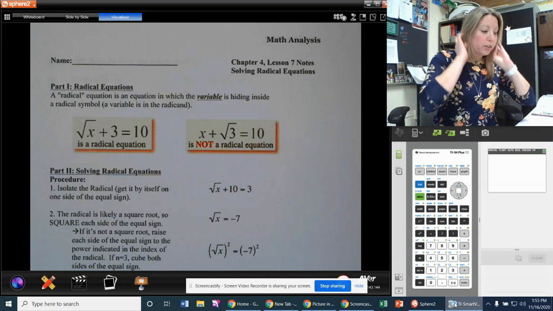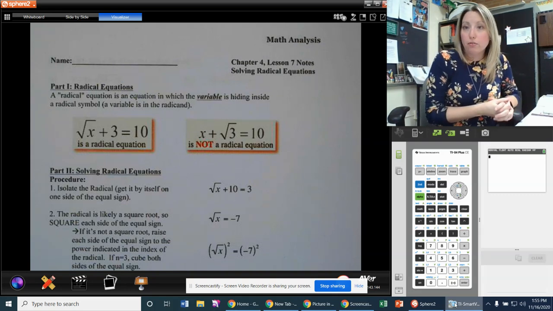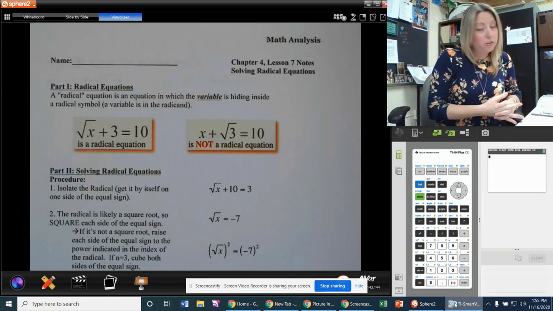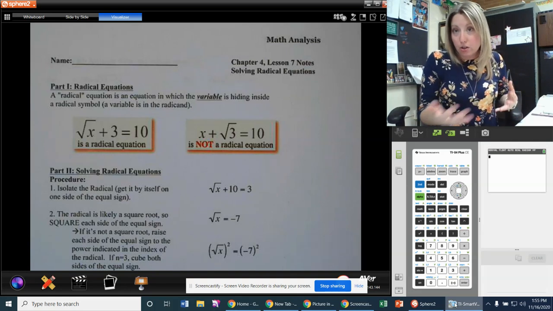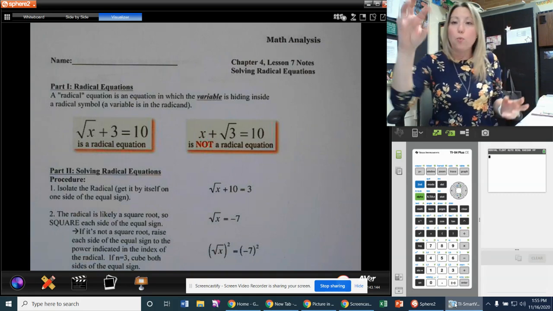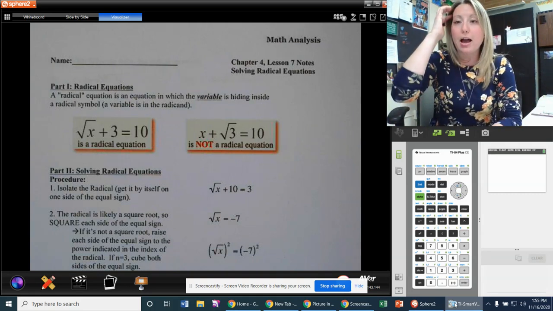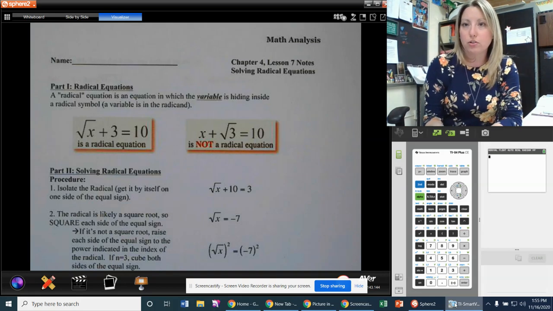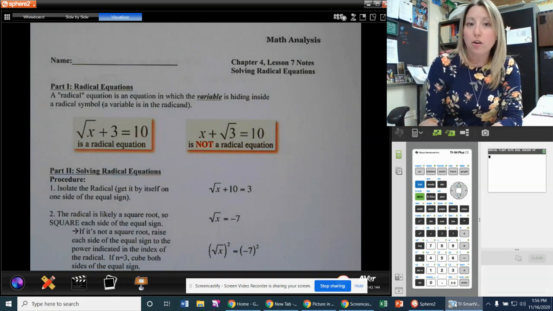One of the things we're going to have to watch for when we solve radical equations is something called extraneous roots. So these would be answers that we get that make sense in the way that we're solving the equation, but when we go and check them and plug them back into the original, they don't actually work to give us a correct answer. So we're going to have to be on the lookout for that.